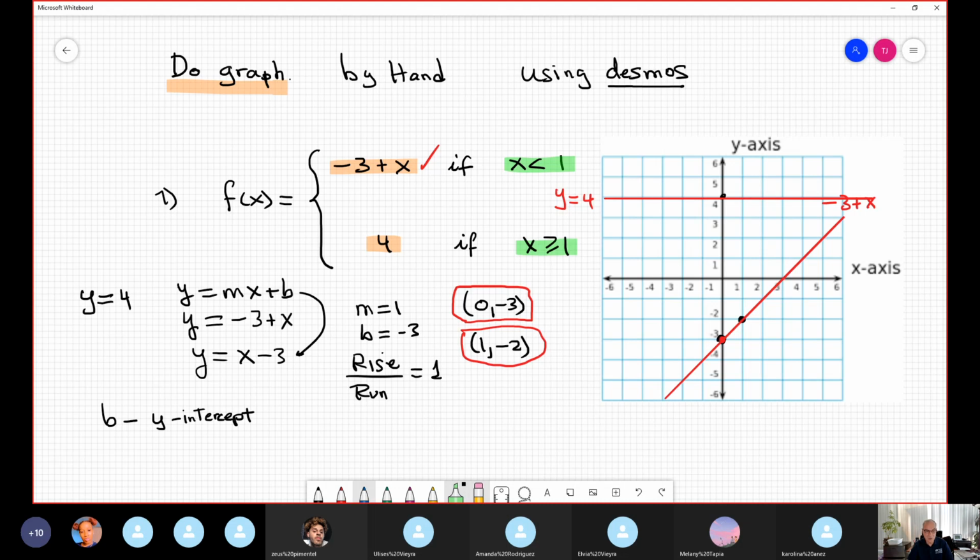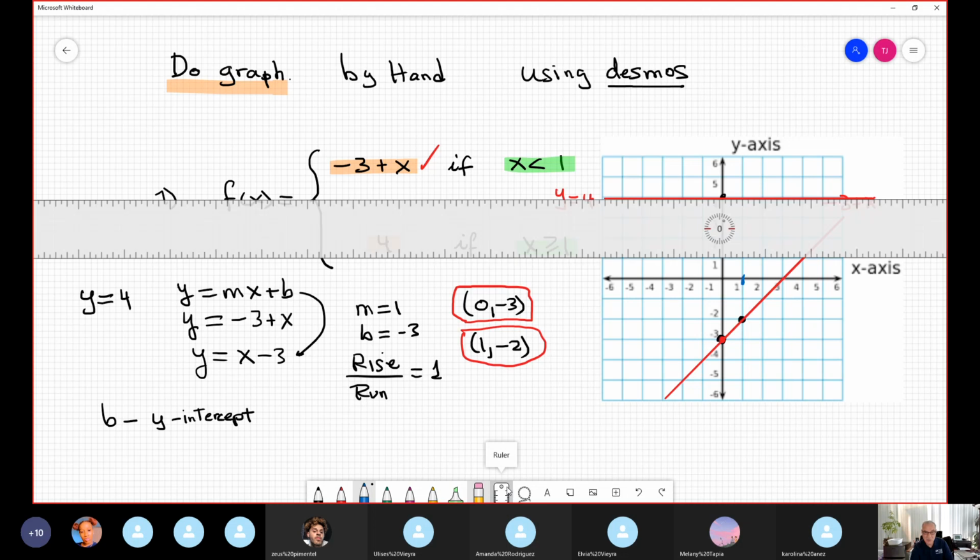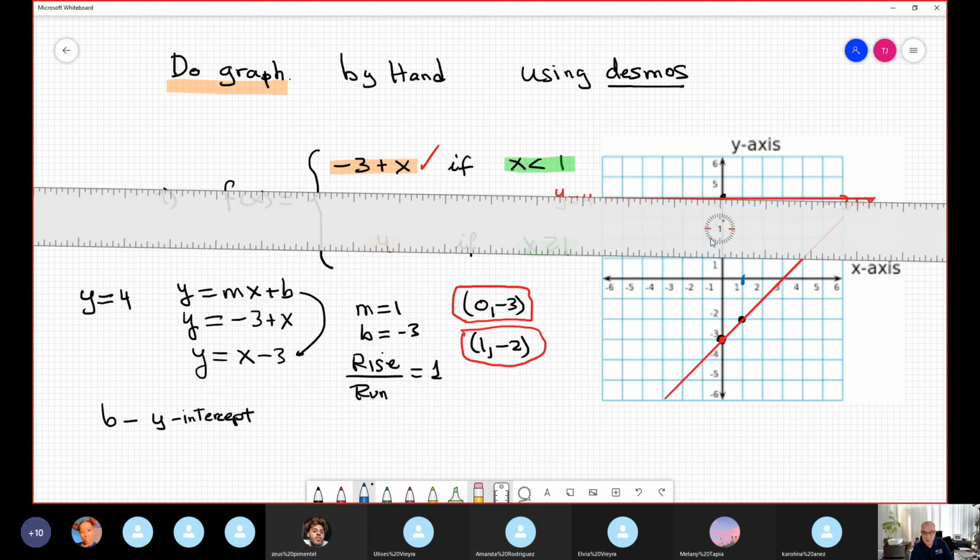So my transition is located at 1. 1 is here. Let me use blue color. This is a vertical line because it's x equals 1. x equals 1 represents a vertical line. So I use my rule, 90 degrees.